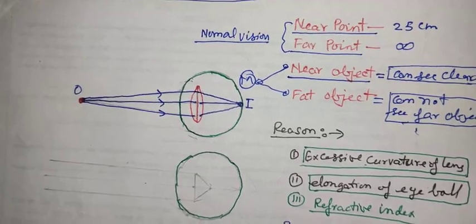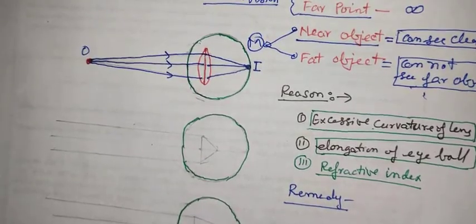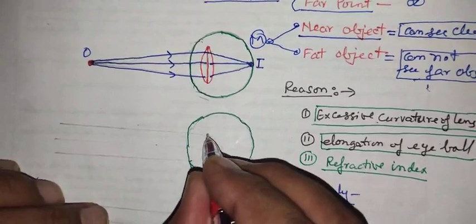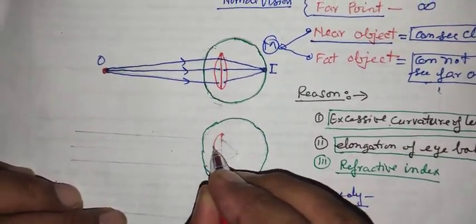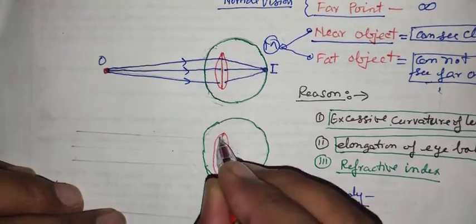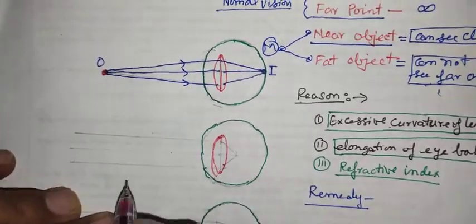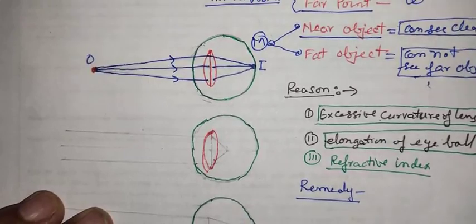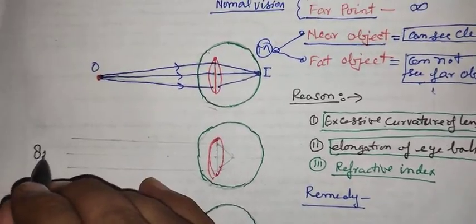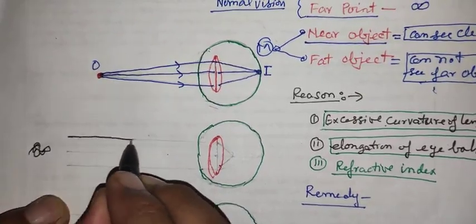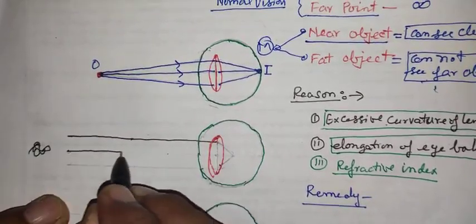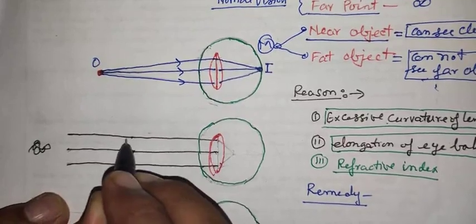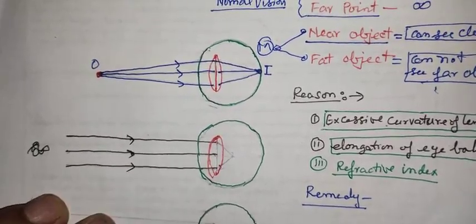But see what happens when the same myopic eye sees a far object. Let the object be at infinity, so we take a parallel beam of light falling on the eye lens.